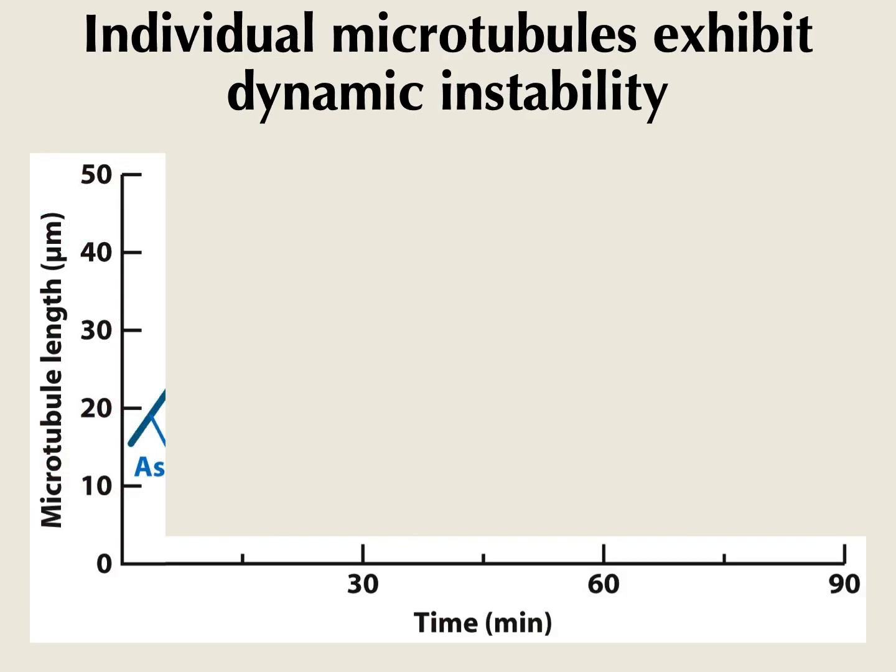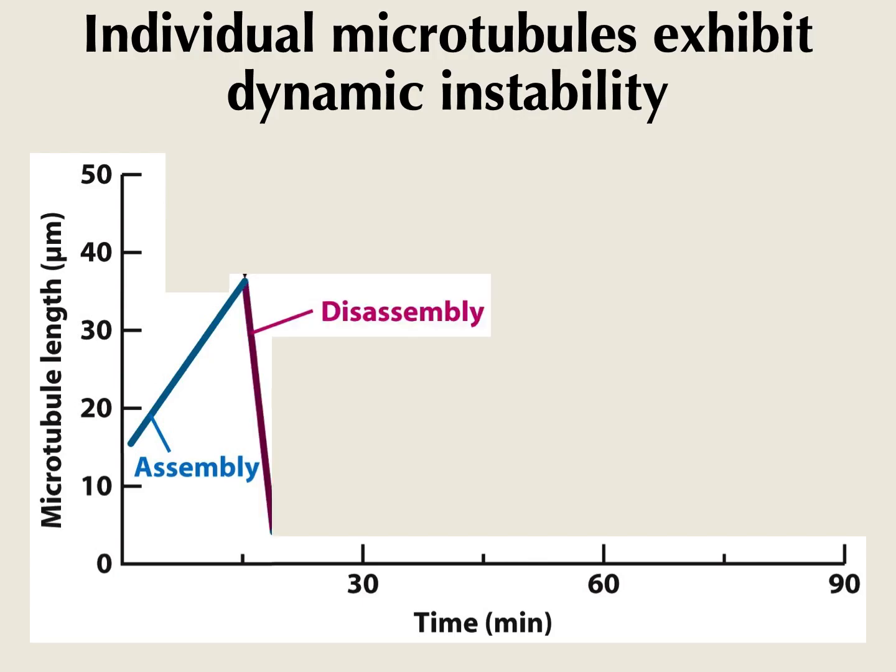So here you see time and the microtubule length as a function of time. And of course, this is a simplified diagram. We've seen polymerization, so length increases. But then eventually, almost invariably, especially when you have dynamic structures like a lamellipodium and so on, you have disassembly.